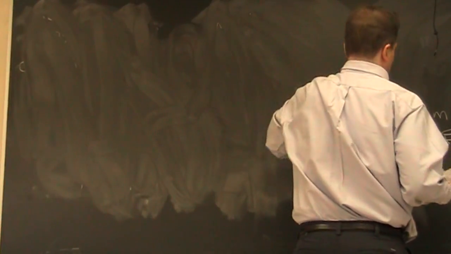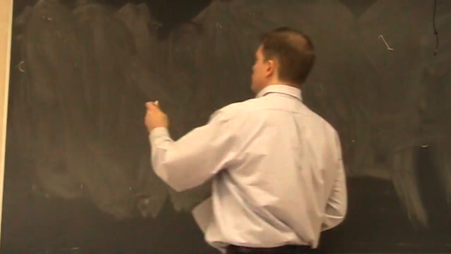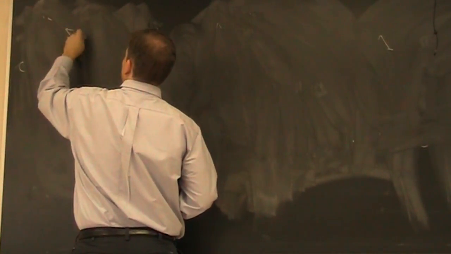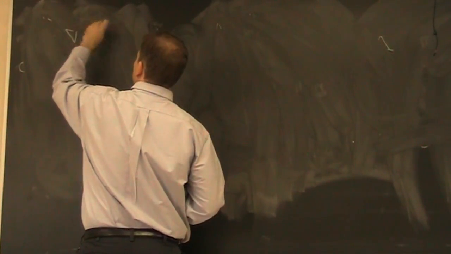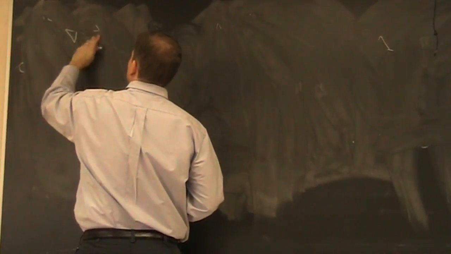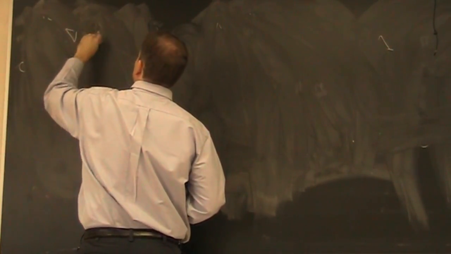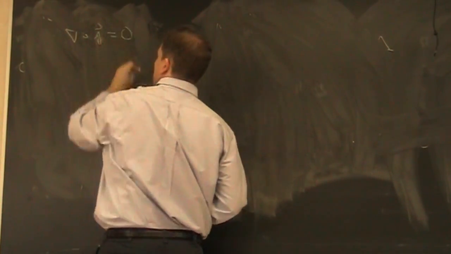Is there a reason why this formula for A necessarily has to satisfy del dot A equals 0? Is there an easy way to see that? Yeah, because at the lowest order, the divergence of J is equal to 0.